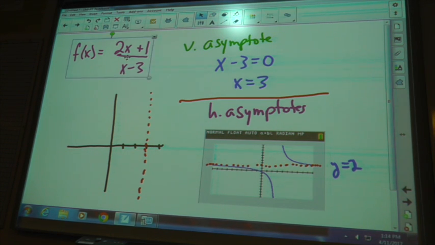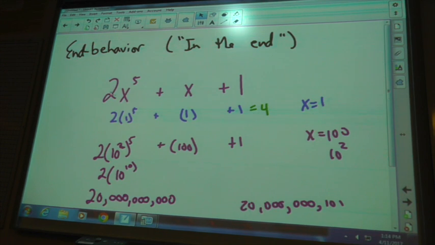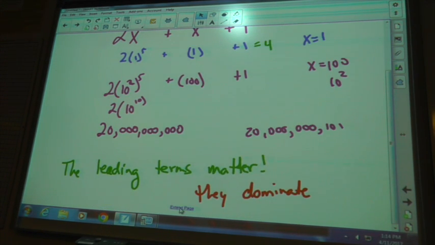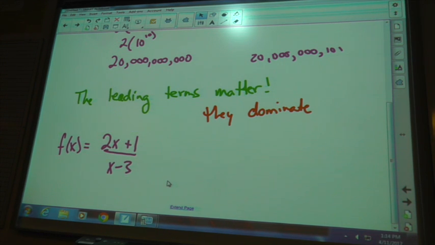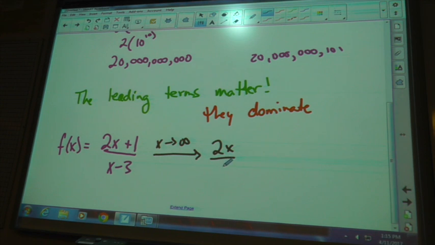So in the end, as x goes to infinity, this whole thing, the leading terms matter. You guys see that? When x is a billion, I don't care about that one extra penny.